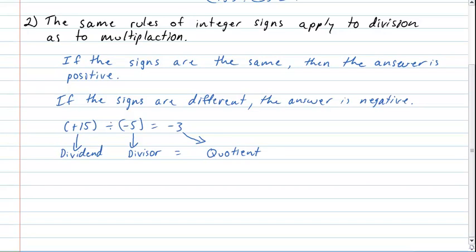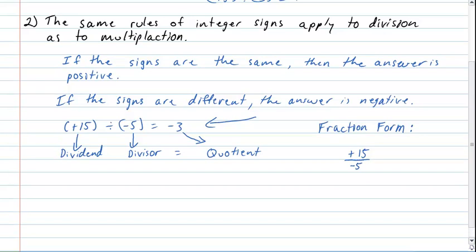Now, a division question can be written this way, like so, but it can also be written in fraction form. What fraction form looks like is if we take the dividend, positive 15, we put the fraction bar there, and we go negative 5.